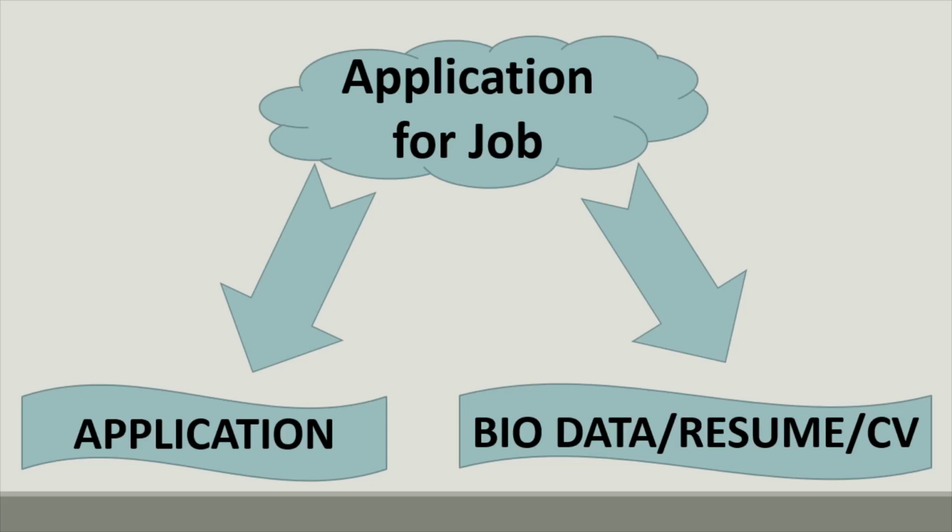You could call it a biodata or a resume, or even a CV. CV stands for curriculum vitae, vital information about your curriculum. So, the second part of an application could be called either a biodata or a resume or a CV.